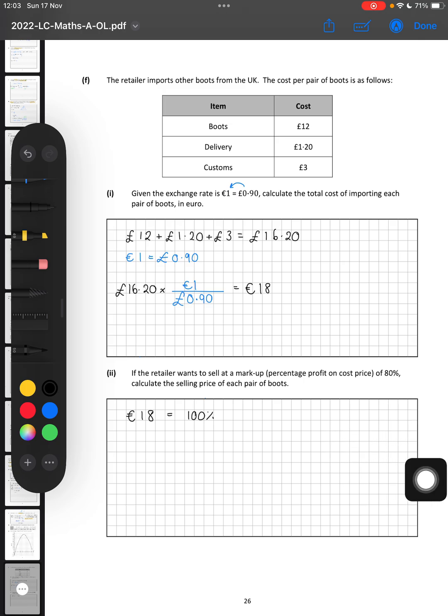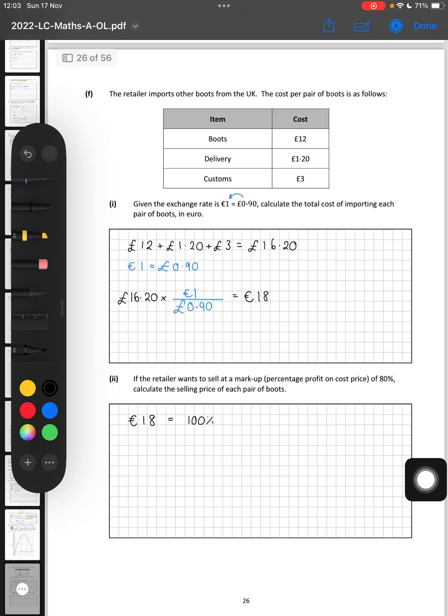So there are 2 different ways you can do this. You can find 80%: we'd find 1% first, and then find 80%, and add that on. Or we can say if 18 euro is 100%, we can find 180%.